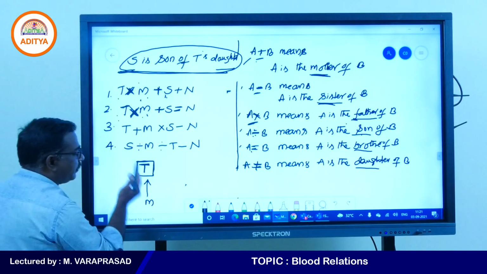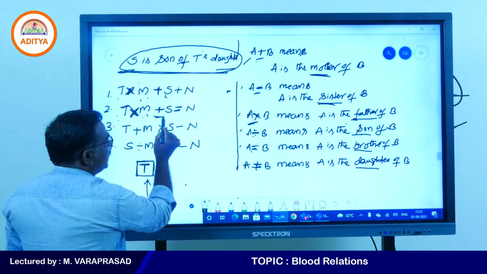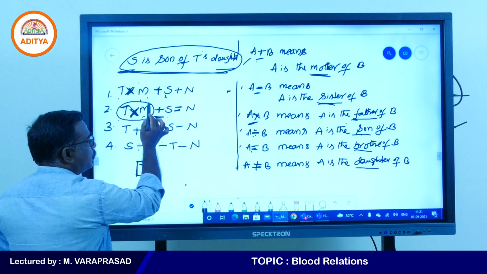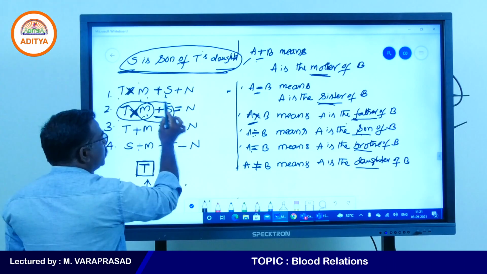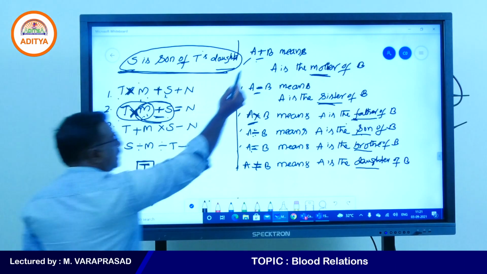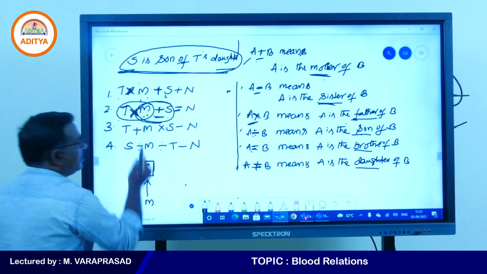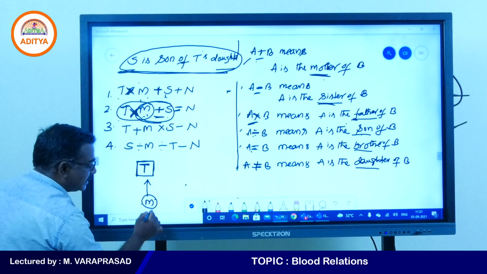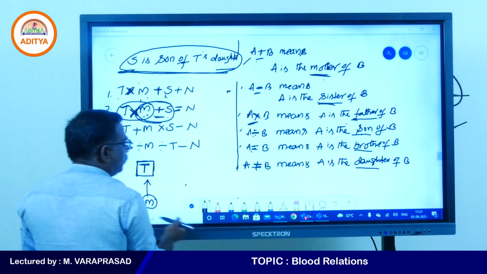Now M plus S, this relation we have to find. M plus means mother, so M is mother of S.